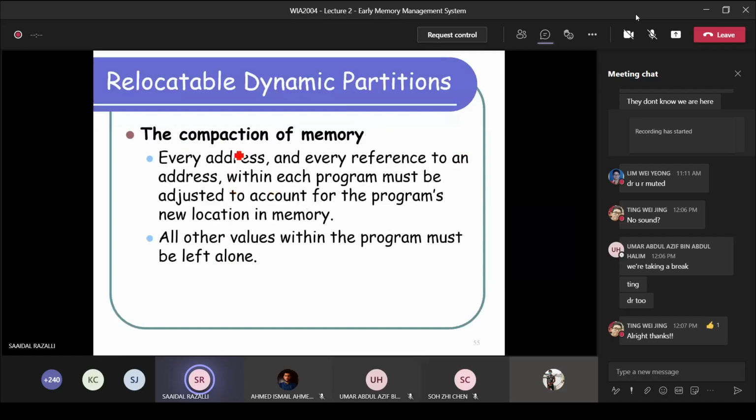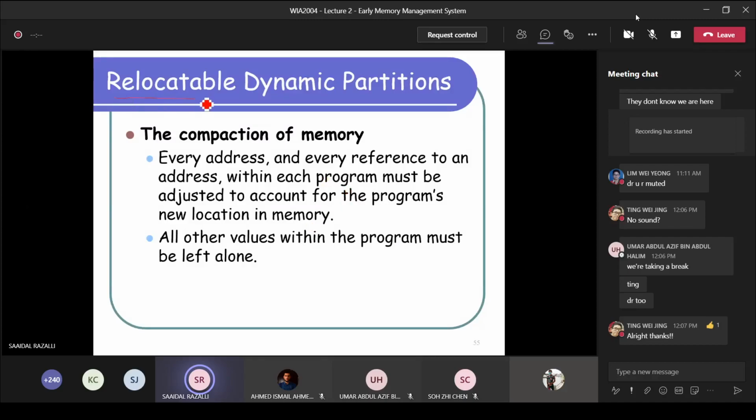Every address and every reference to an address within each program must be adjusted to account for the program's new location in memory.